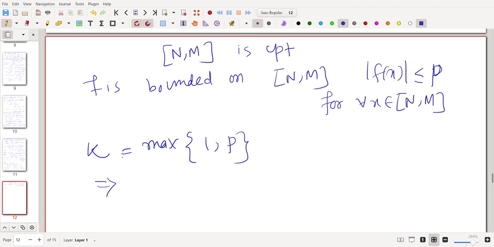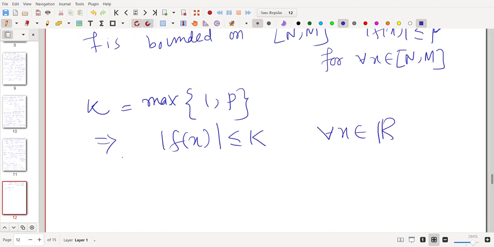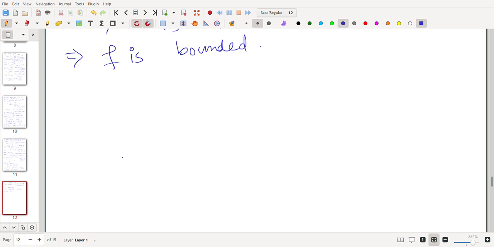Let k equal the maximum of 1 and p. It will imply |f(x)| is less than or equal to k for all x belonging to R. That will imply f is bounded.